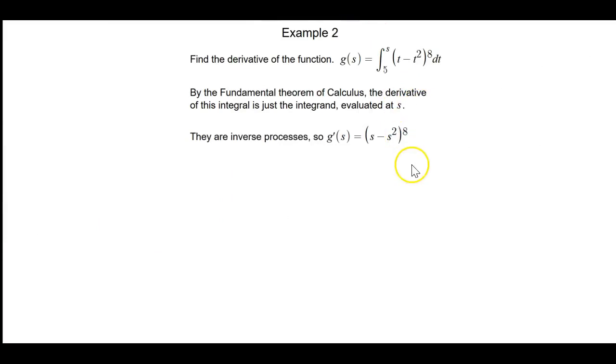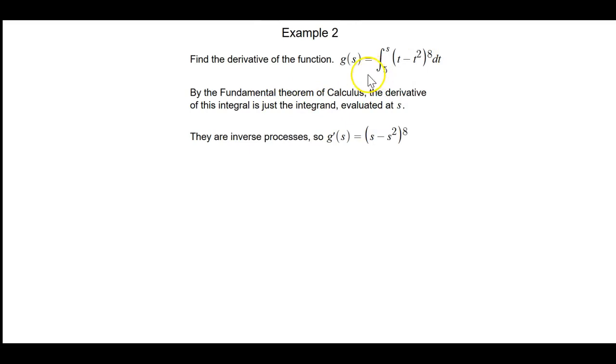So let's look at another example. Find the derivative of this function. Well, this is just the area function for the function t minus t squared, quantity to the 8th power, from 5 to s. We ignore the lower limit, and it's going to give us the area underneath the graph of f of t, which is defined here.